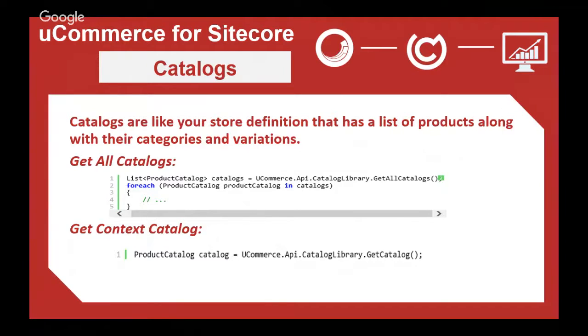So let's say I entered the clothing store, then using the uCommerce connector, it's going to store the information of the current store you are in, and then using the get catalog is going to use the context to get inside that catalog.